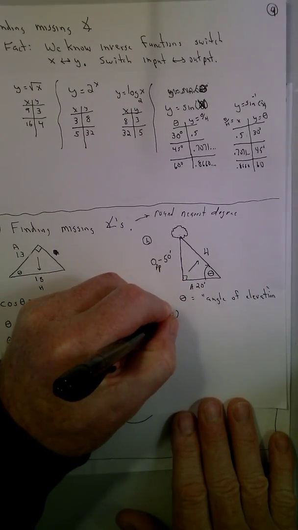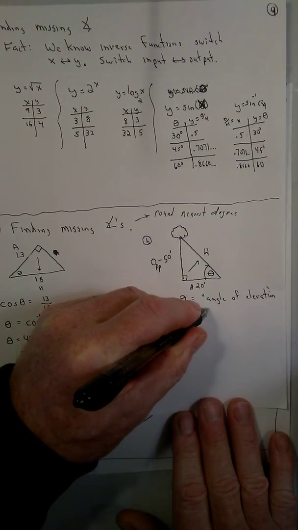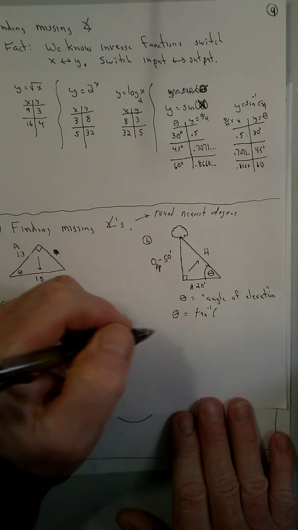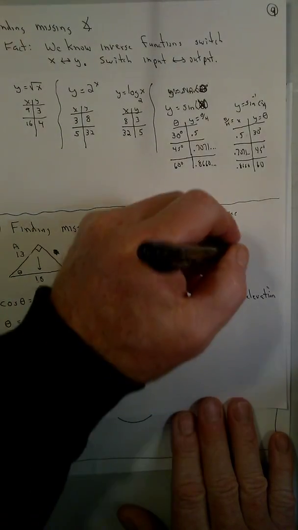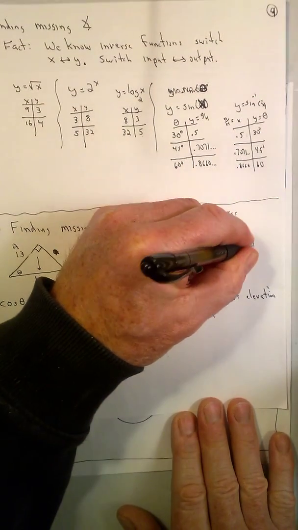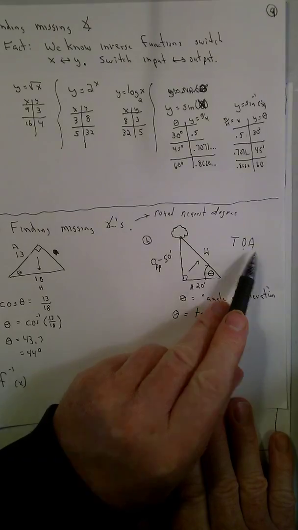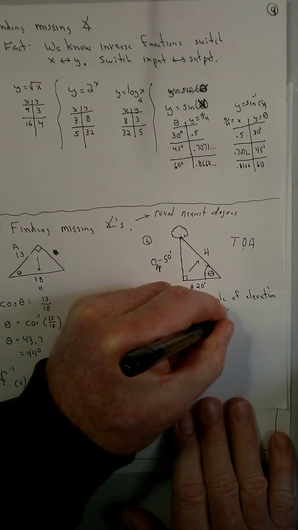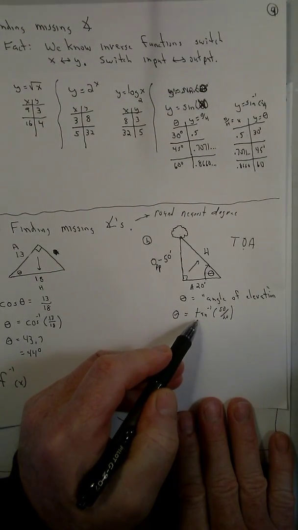So to find the angle, I will do the inverse tangent. The output is the angle of the fraction that tangent uses. So this is TOA. Tangent uses the fraction opposite over adjacent. So I do opposite over adjacent as the input to this inverse function.